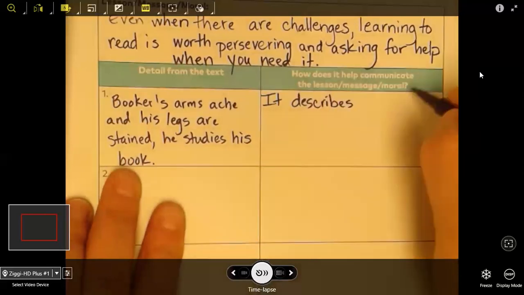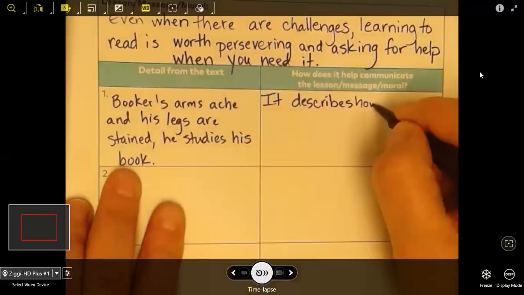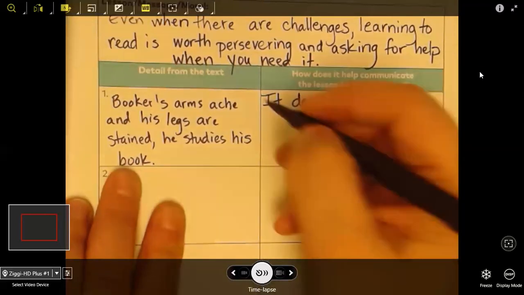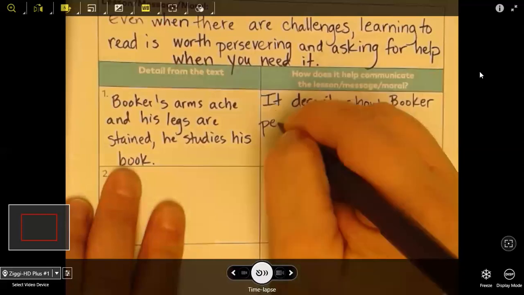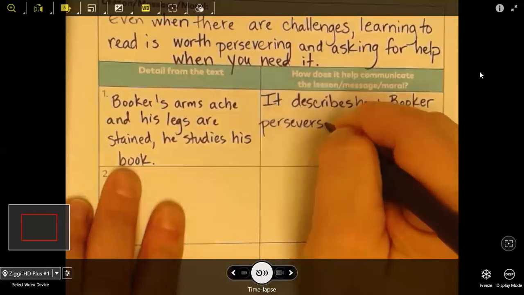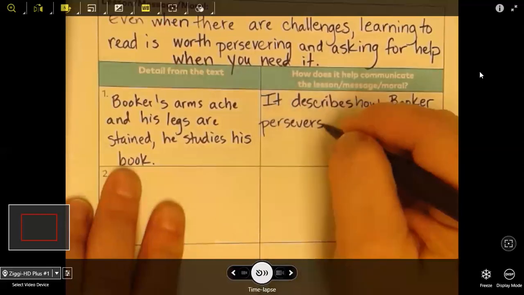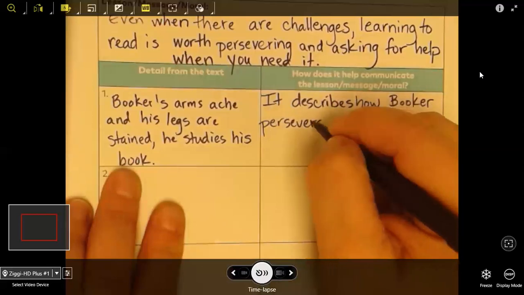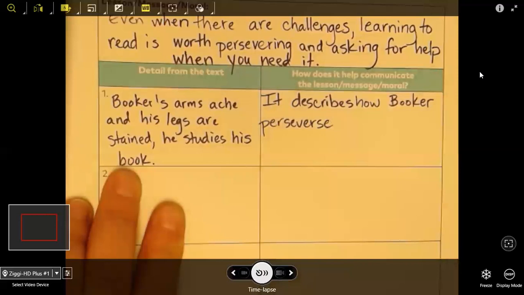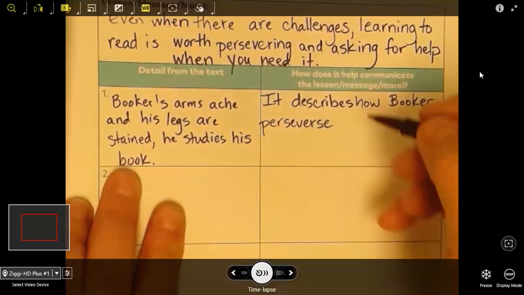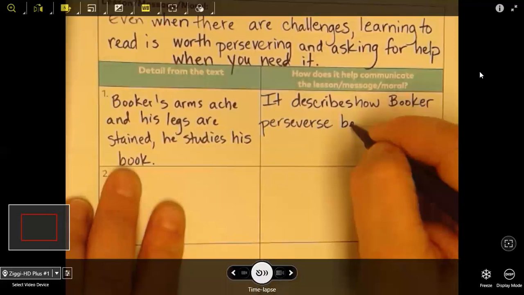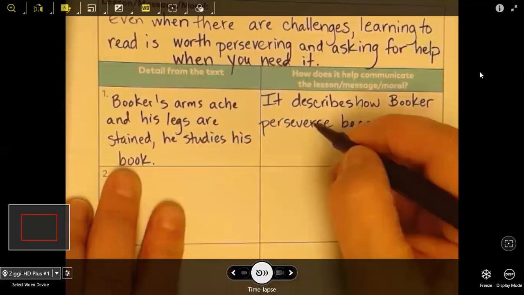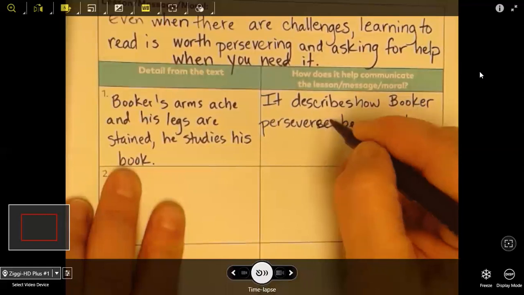how Booker perseveres because learning is so important to him. I misspelled.